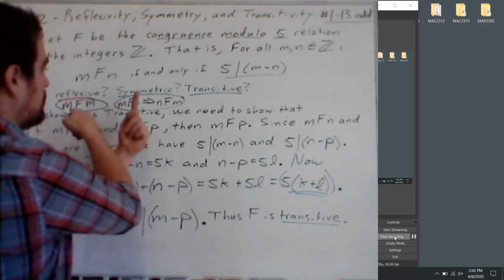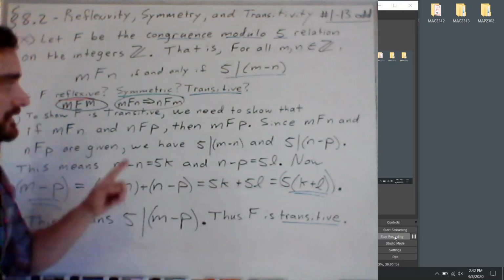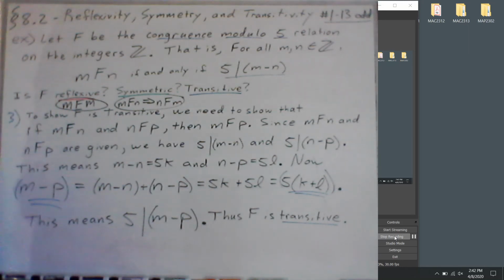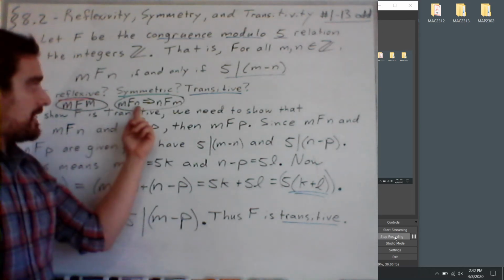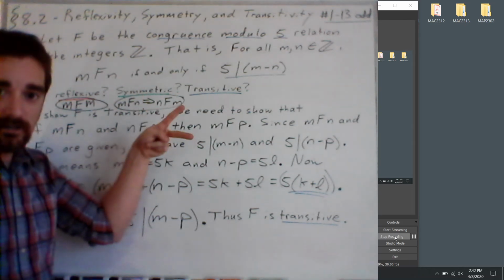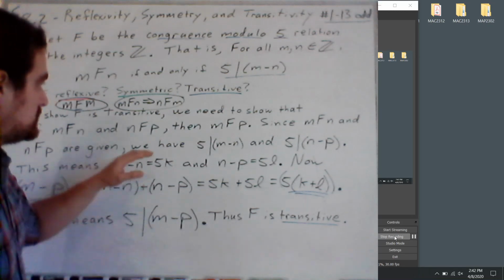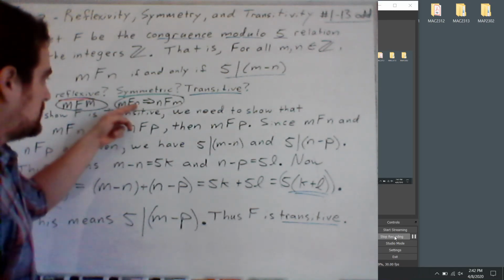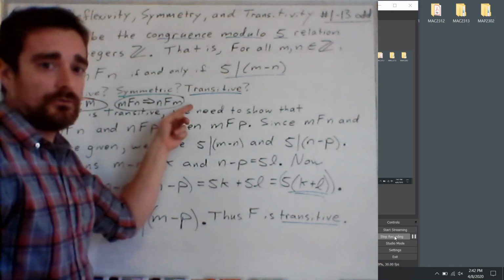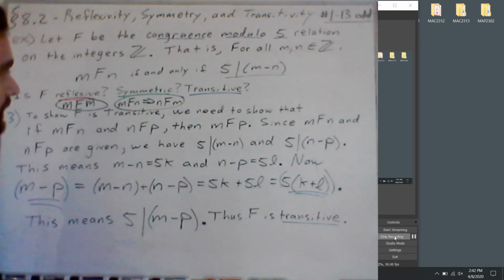You need to show that the swap obeys that relation and is part of your relation. Again, a good counterexample to that would be the less than operation. 1 is less than 2, but 2 is less than 1? No, so it fails to be symmetric.